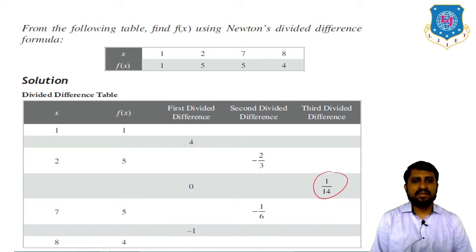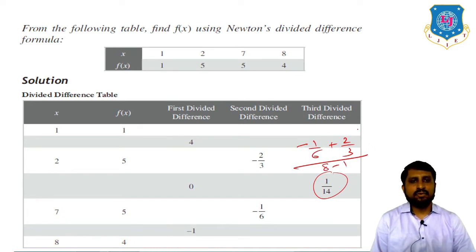Now try to understand this last entry: minus 1 by 6 minus minus 2 by 3. So minus 1 by 6 plus 2 by 3 upon 8 minus 1. So 8 minus 1 is 7. Take the LCM: minus 1 plus 4 upon 6 into 7.